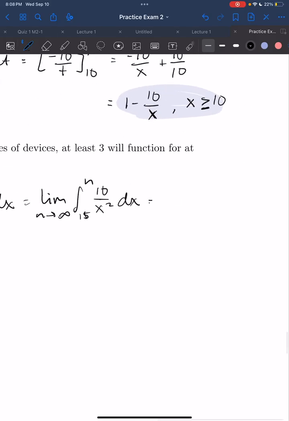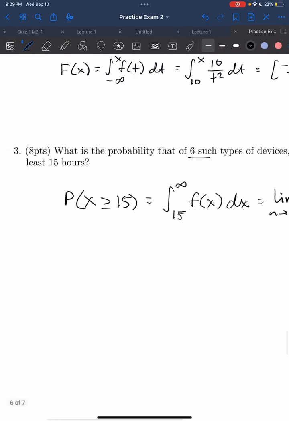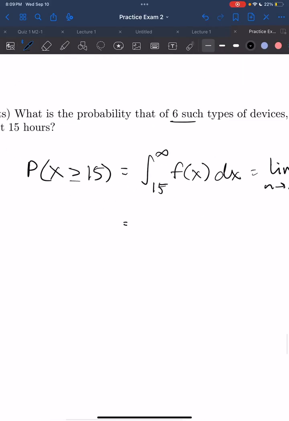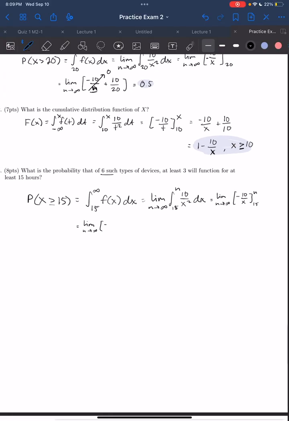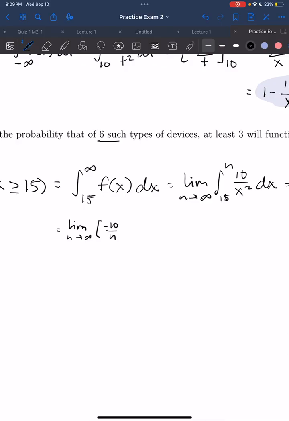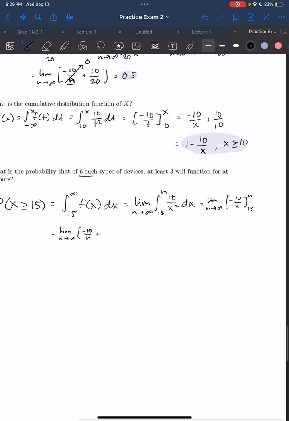And then that is equal to the limit as n goes to infinity of negative 10 over x from 15 to n, which equals negative 10 over n plus 10 over 15.